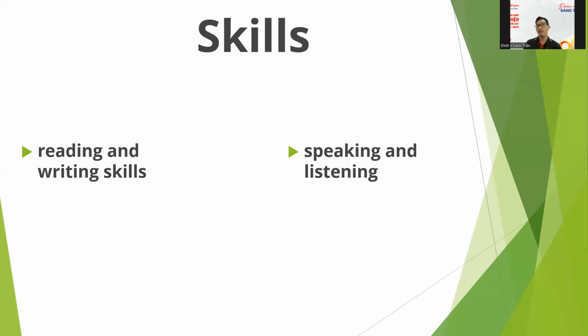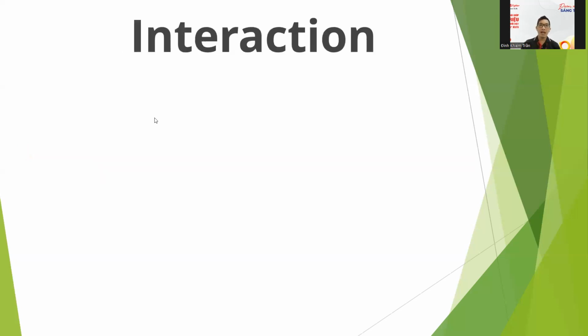By contrast, the direct method is suitable for speaking and listening. That means we focus on the way they produce the meaning, trying to convey the meaning of the sentences orally. And the last one is the interaction.